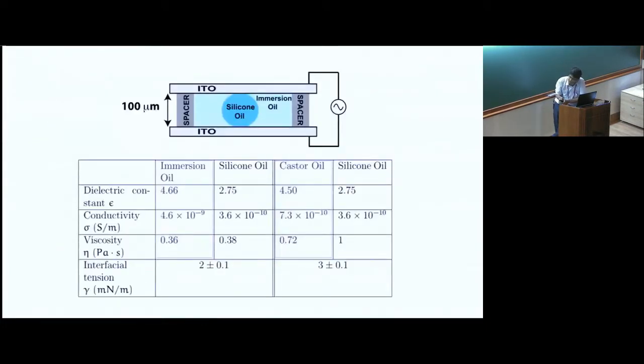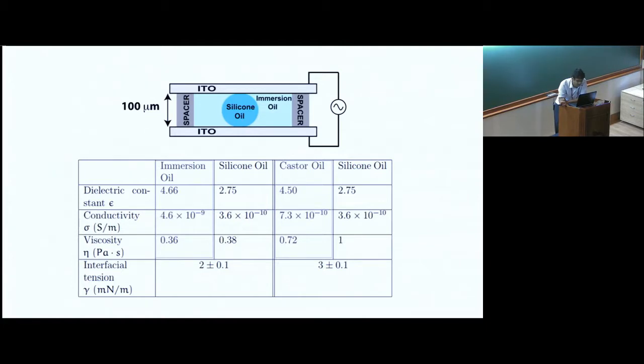The experimental scenario would be like this. I take two indium tin oxide plates so that I can see through them, and place a spacer. Silicon oil is my perfectly dielectric system. Not perfectly, but anyway, it's a better dielectric than my immersion oil, or a castor oil that you can use. I apply a field which could be DC or AC, and I'll mention it to you.